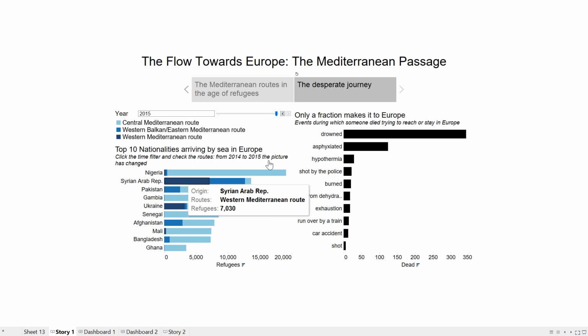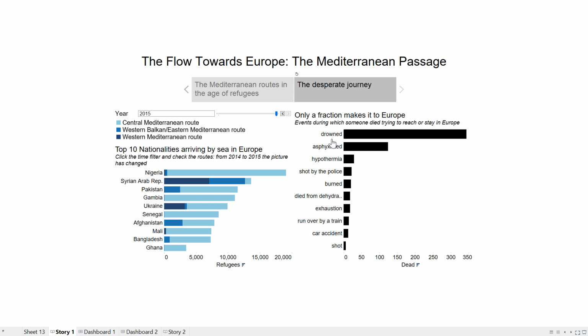So people started radically to go through Cyprus and Greece. So that stacked bar chart for Syria there, that's telling me the entire bar is how many refugees left Syria, and those are people that left Syria and made it to Europe and came by sea.